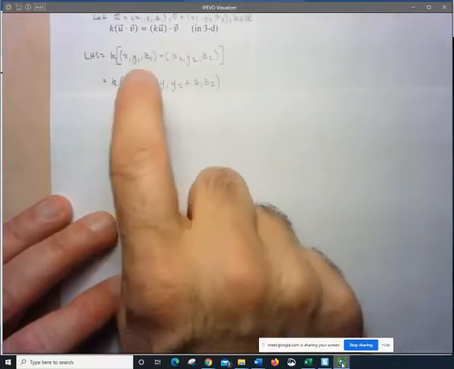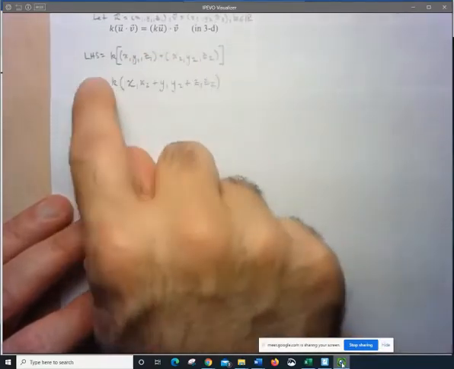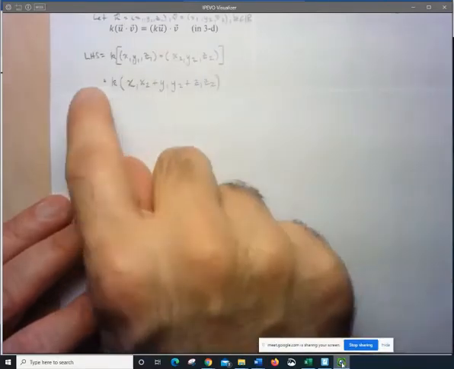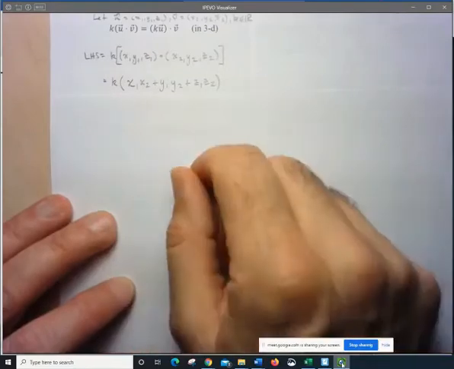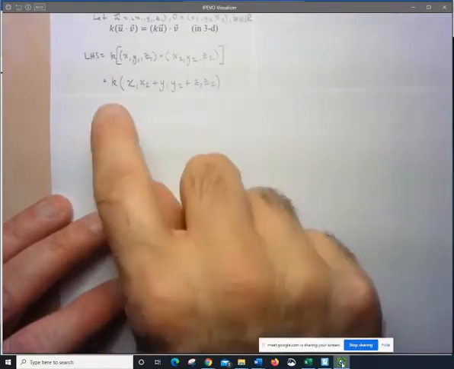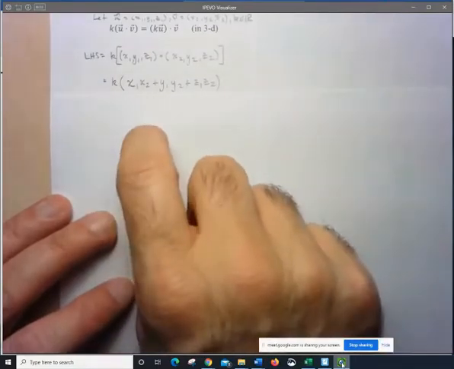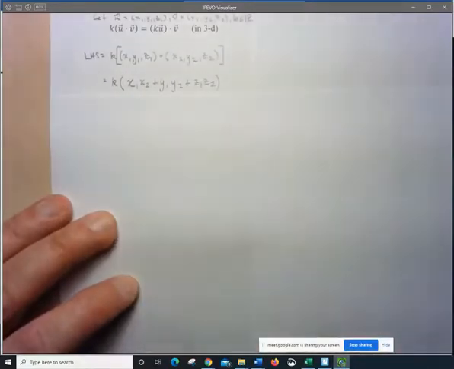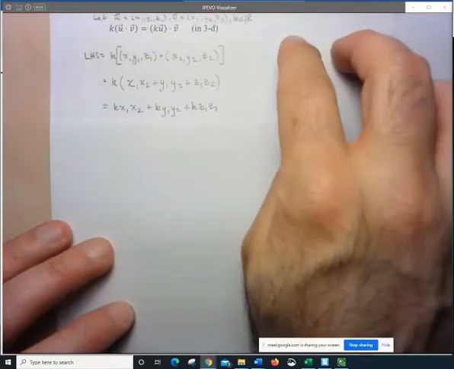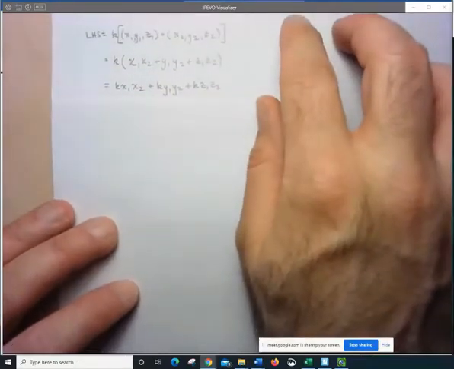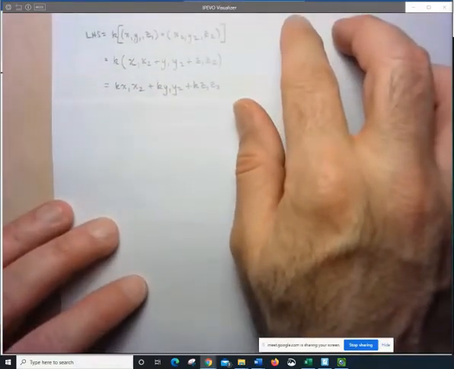But now at this point, everything that I have is just a bunch of numbers, so I can now apply my knowledge of distributivity for numbers. By the way, folks, stop me if you need any elaboration here. So now I'm just going to multiply everything out. I just distribute k to each of the components.